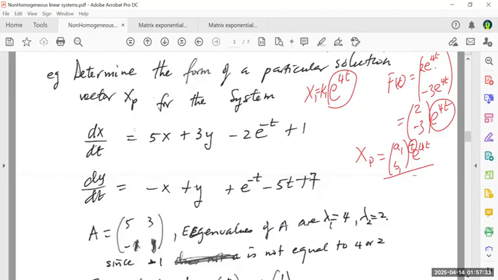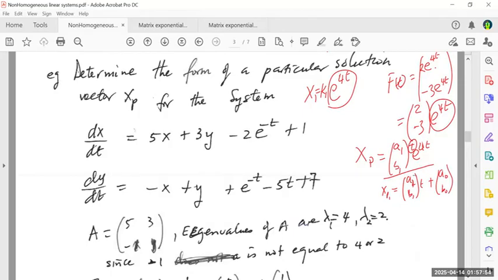We know t is a polynomial of order 1, so xp would be a polynomial, a1 b1 t plus a naught b naught.